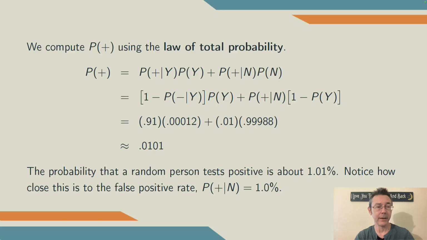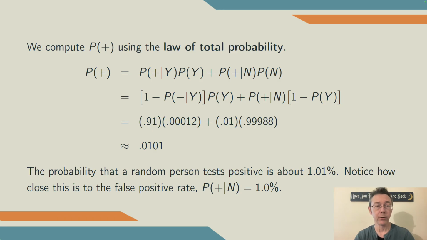The probability that you test positive and have the illness is equal to the probability of testing positive given that you have the illness times the probability of having the illness. Similarly, the probability of both testing positive and not having the illness is the probability of testing positive given that you don't have the illness times the probability that you don't have the illness.